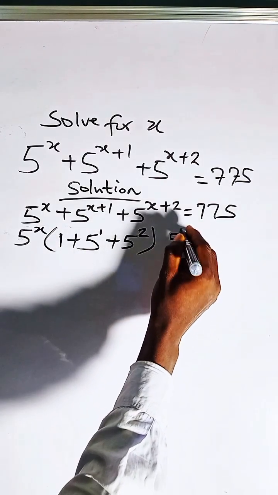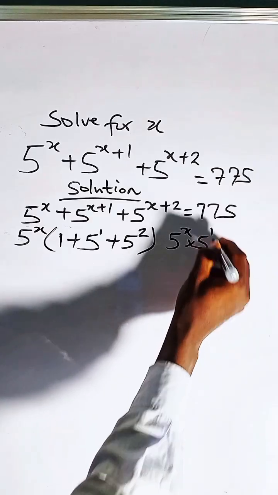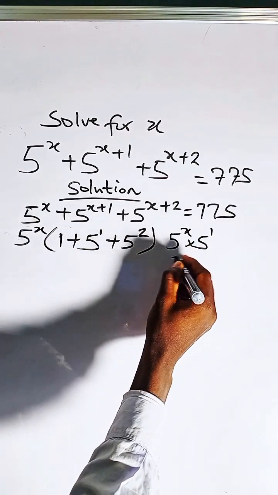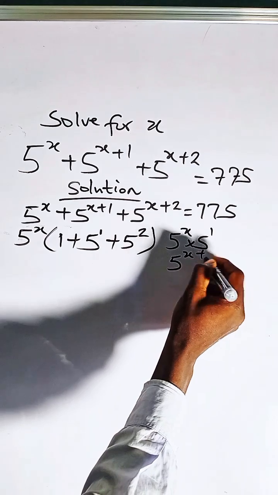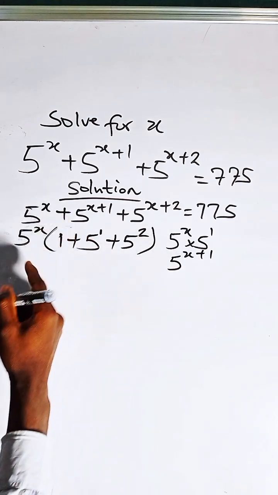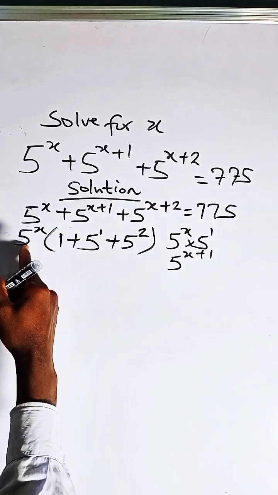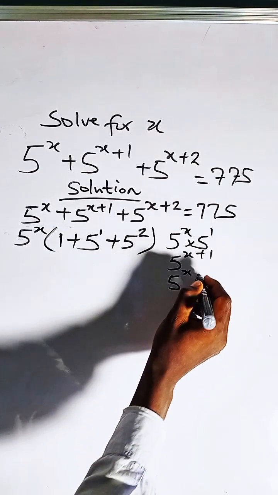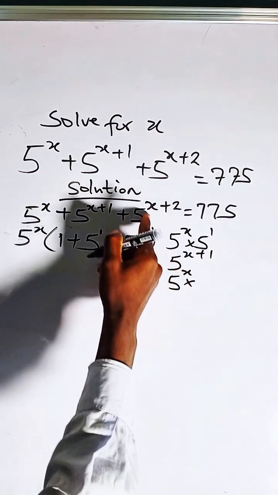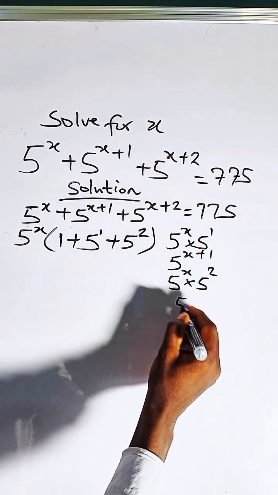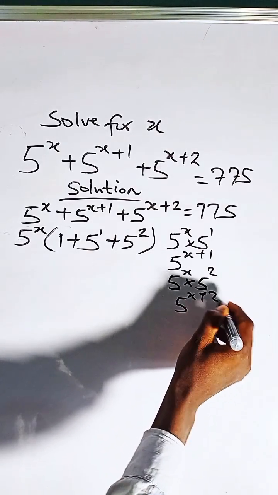When we say 5 raised to the power x times 5 raised to the power 1, we have the same base, so we add the powers. And when we multiply 5 raised to the power x times 5 raised to the power 2, we have 5 raised to the power x plus 2, which is this.